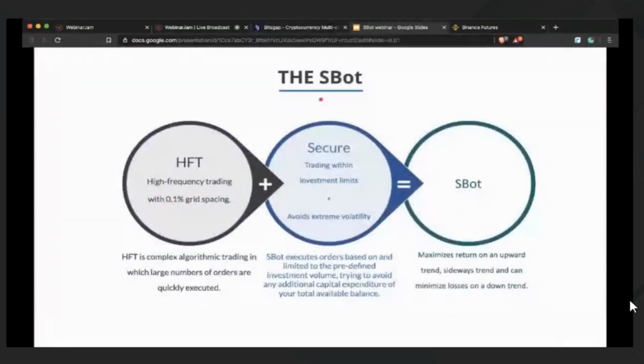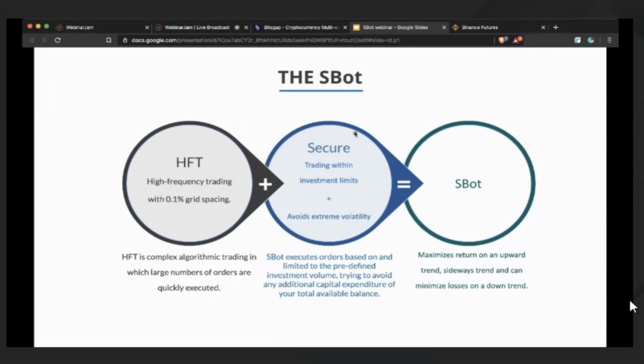So what about the Sbot, our brand new product? The thing is that the HFT, high frequency trading, is now allowed with only 0.1% per grid. So that's the spacing that I've shown you between the orders. So the more narrow the grid spacing, the more market swings you can seize, all right? It's more secure.